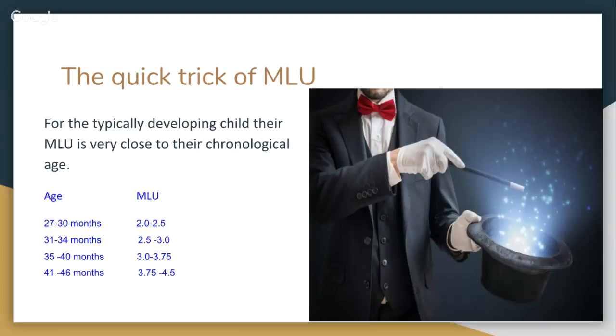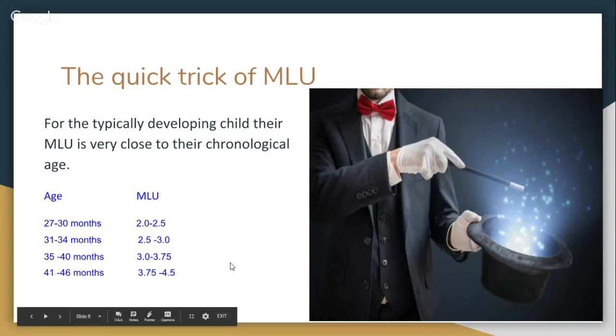And as they hit their 3rd birthday at 36 months, their MLU will be between 3.0 and 3.75, meaning sometimes they use sentences that are 2 words in length, sometimes they use sentences that are 4 and 5 words in length for an average of between 3 and 3.75. Remember, MLU doesn't say the longest sentence they say. It simply describes the average sentence length.